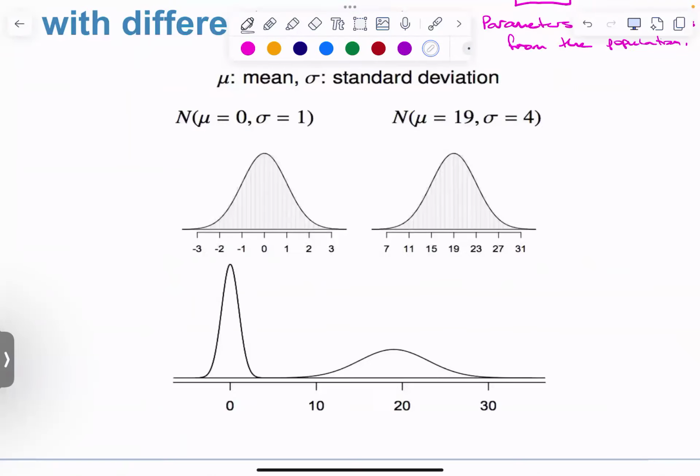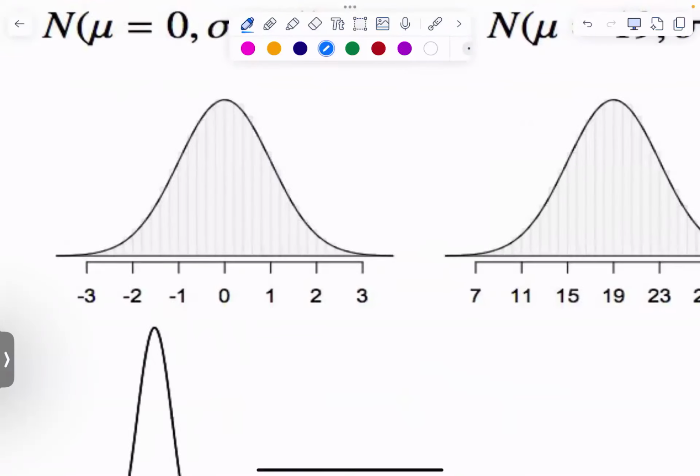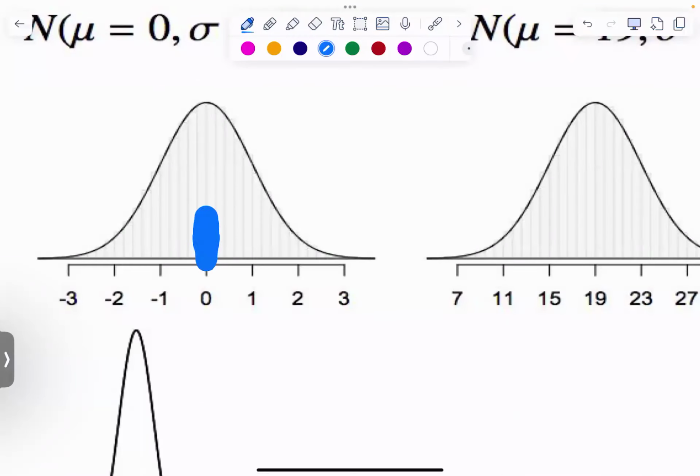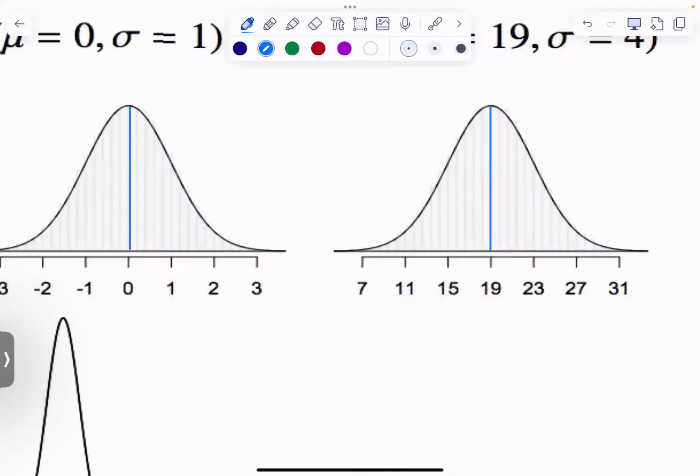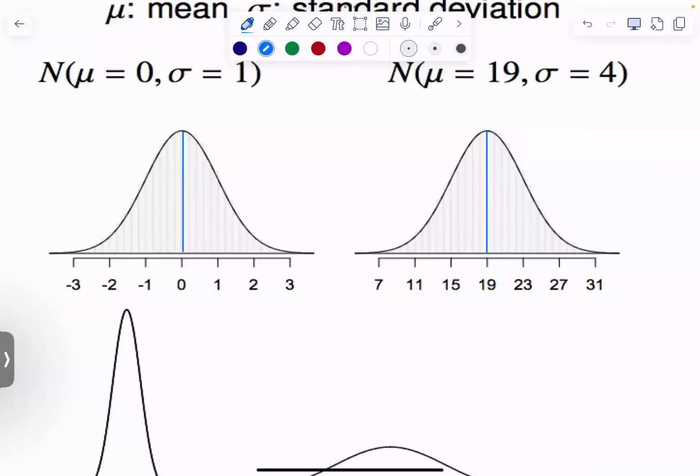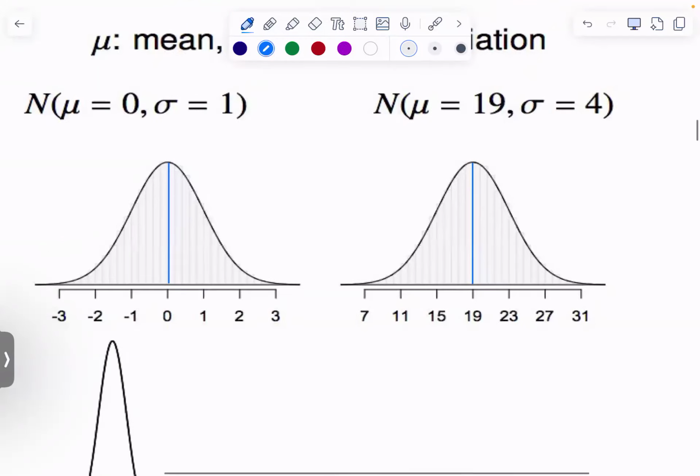And so here we have a center at 0 versus a center at 19, right? But as far as we can tell, the center has just been shifted over to 19. So whatever this is measuring, it has an average of 19, and we're expecting some variability around that. Okay. Now, that variability is the spread, right?